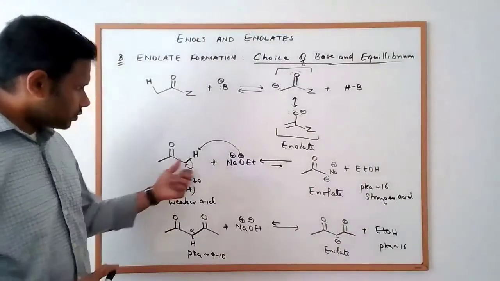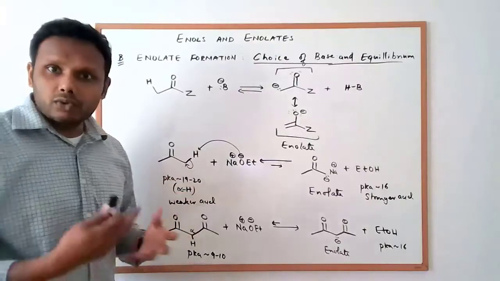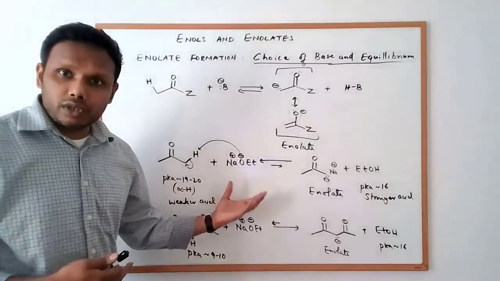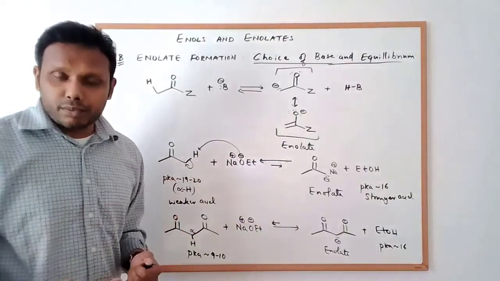So then the question is, for simple compounds like this one, how do we deal with those? What sort of base should we use? The answer is we can use other bases.